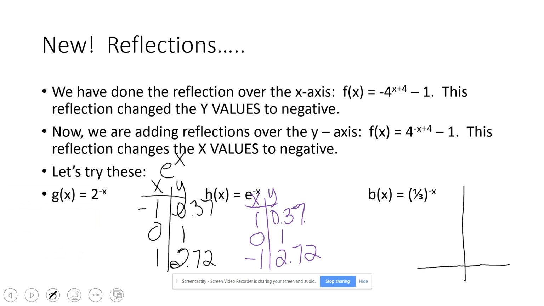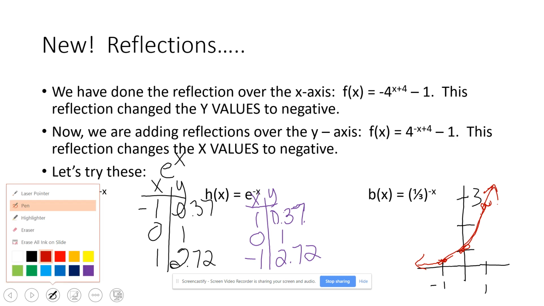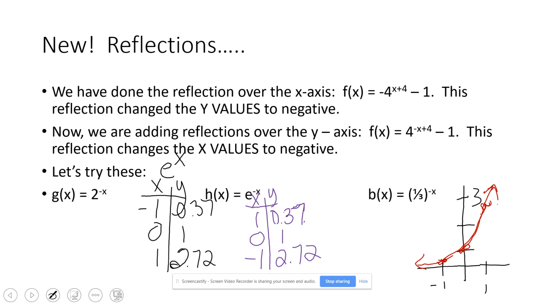So I'll do the parent function in negative 1, 1.37, 1.2, and then do our transformed function in the positive 1.37, still have 0, 1, and then negative 1, and that's our reflected function.